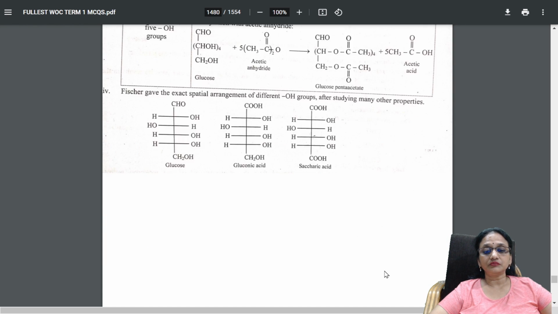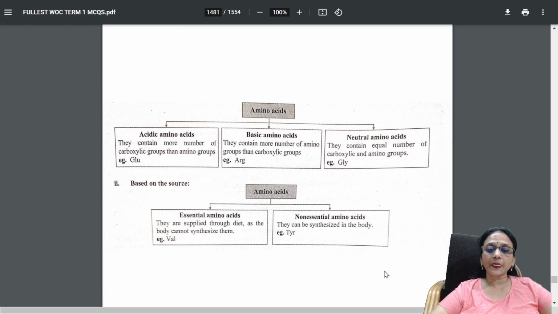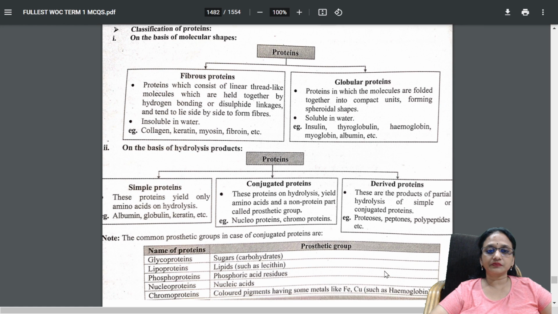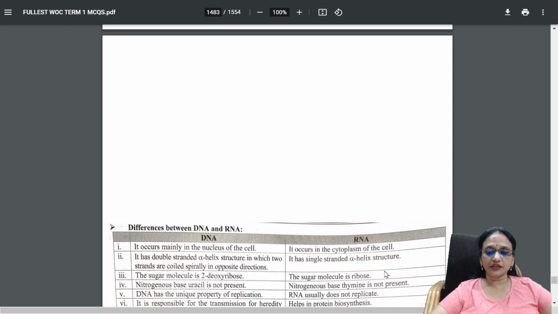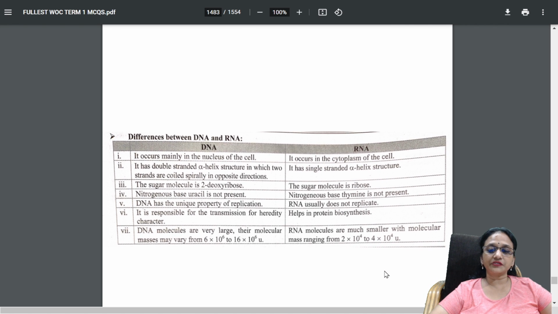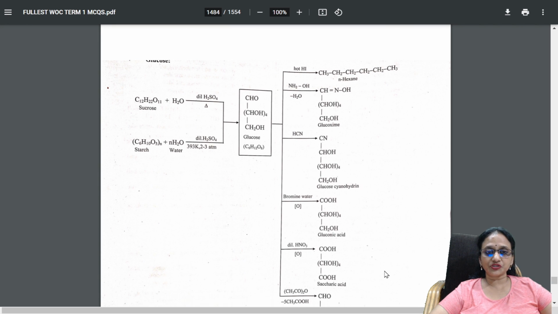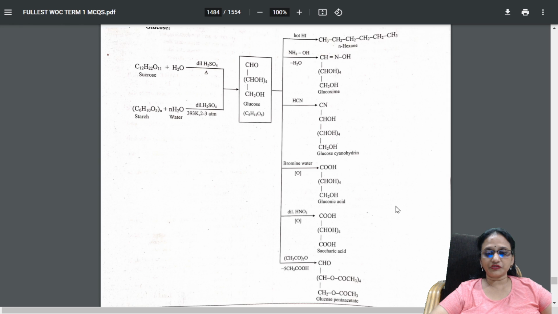And then classification of amino acids, classification of proteins, then differences between DNA and RNA. Got it? All right. These are the different topics of biomolecules. Now, the summary of the reactions, a summary of the chemical properties of glucose. How am I preparing glucose? What is the chemical property of this?